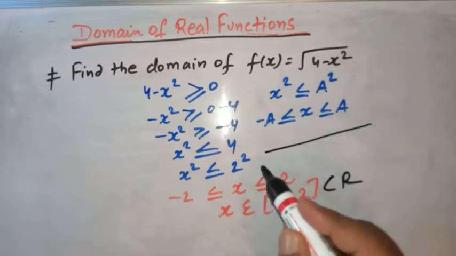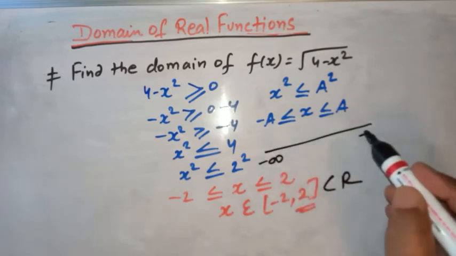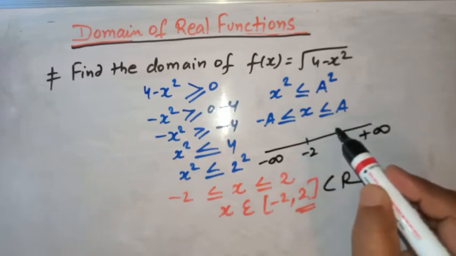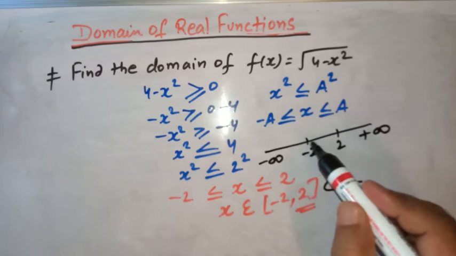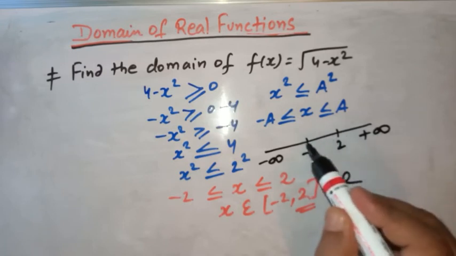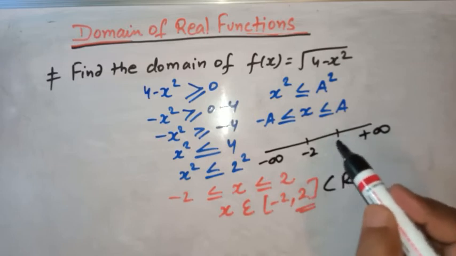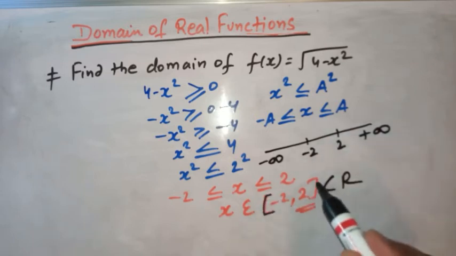Geometrically we can write here, this is minus infinity, this is plus infinity. Now here we have minus 2 and here we have 2. So both the points, that is x equal to minus 2 and x equal to 2, are included here because of this sign. Clear?